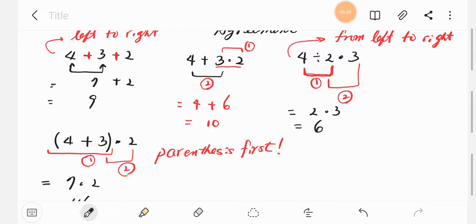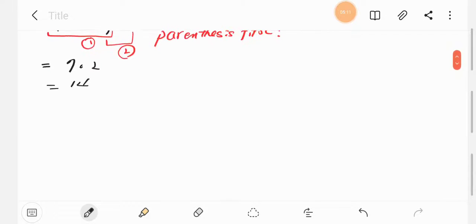What if there is an exponential form? Then you do the exponential form. Let me write another example. Here is 2 cubed plus 2 times 4. Then what do we do? If there's an exponential form, then complete this one first.